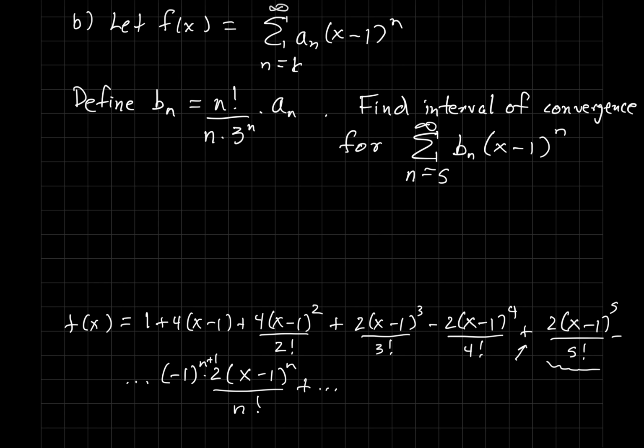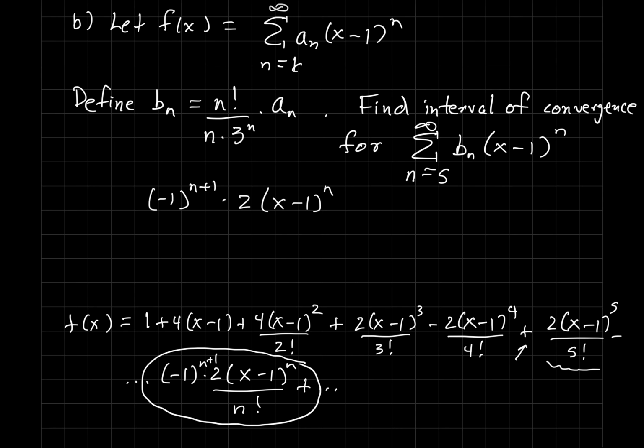What does this all mean? Okay, well, a sub n is kind of my general term. It's really the coefficient, if you would, in front of my x minus 1 to the n term. So a sub n would be -1 to the n plus 1 times 2, there's always that 2 there, and then x minus 1 to the n over n factorial.